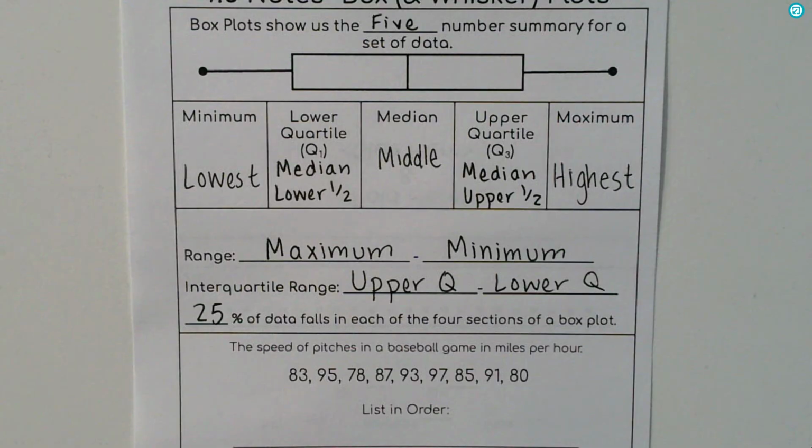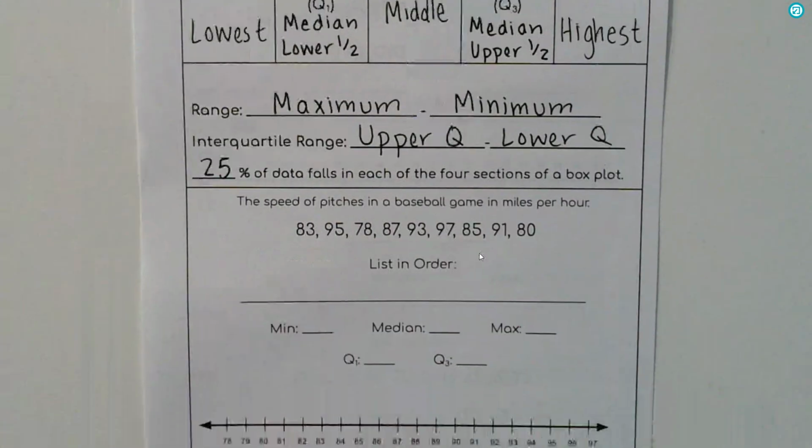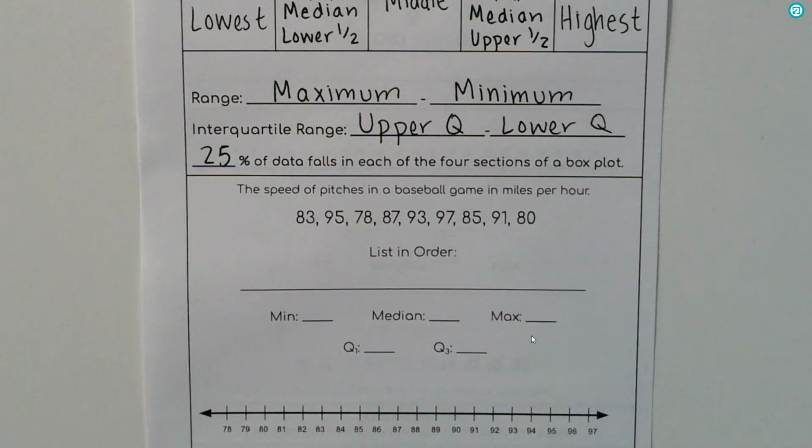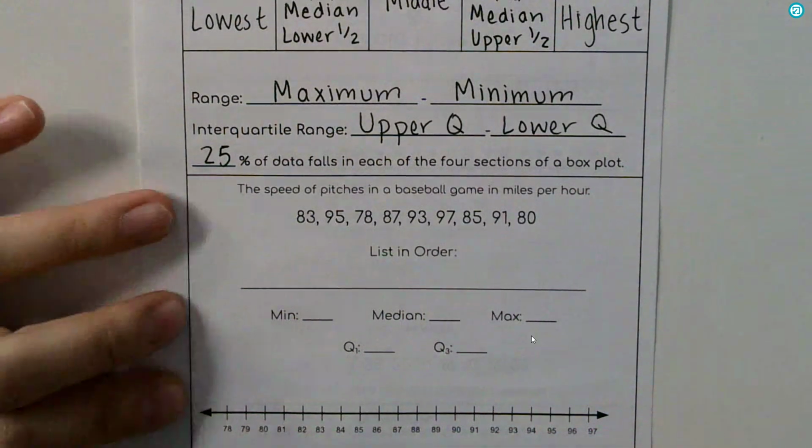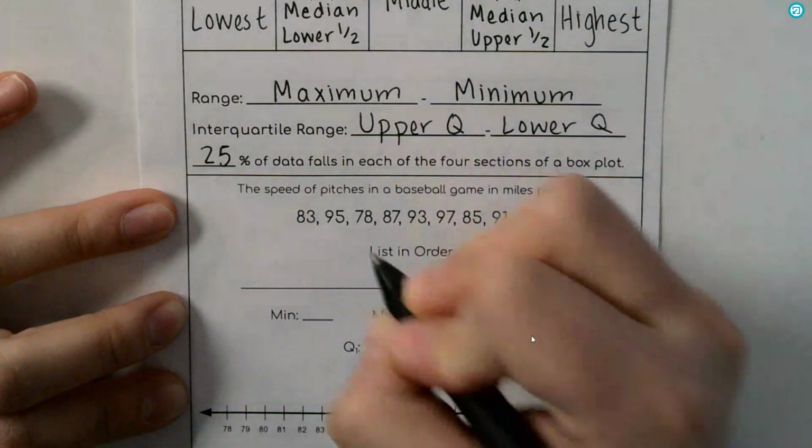Okay. The first problem we have, the speed of pitches in a baseball game in miles per hour. The first thing that you have to do on these is list your points in order. Everything hinges on you getting your points listed in order and not losing any of them. So you're going to want to triple check your list. So the lowest I see is 78.